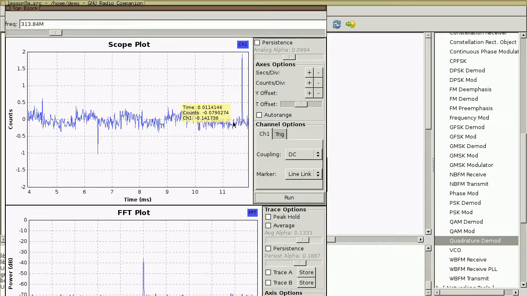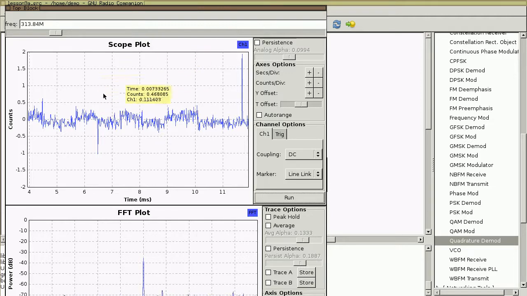So one way that we can reduce that noise is by filtering. And we did this in the flow graph that we used to demodulate FM radio transmissions in the very first lesson.